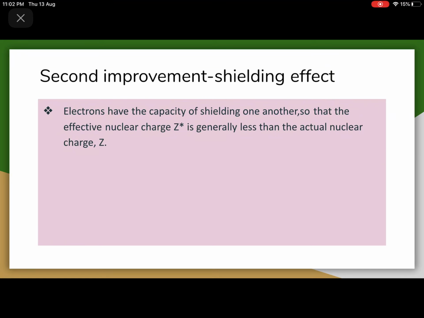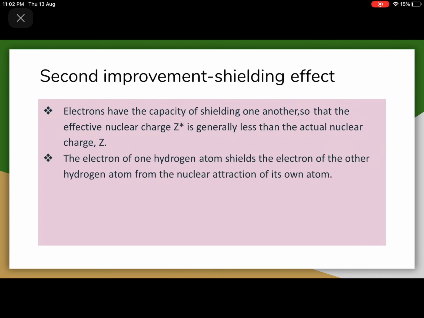Second improvement, that is about the shielding effect. Electrons have the capacity of shielding one another, so the effective nuclear charge Z star is generally less than the actual nuclear charge Z. The electron of one hydrogen atom shields the electron of the other hydrogen atom from the nuclear attraction of its own atom.